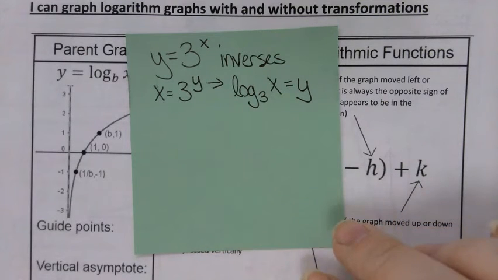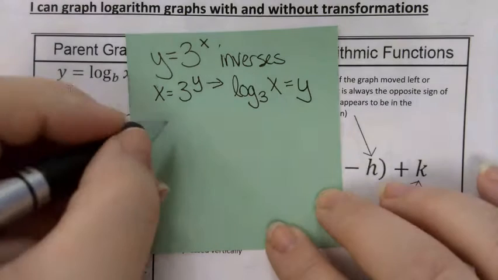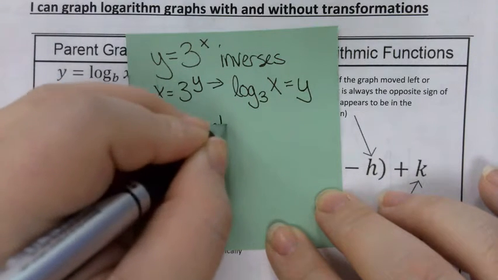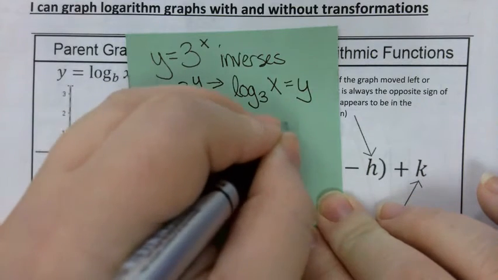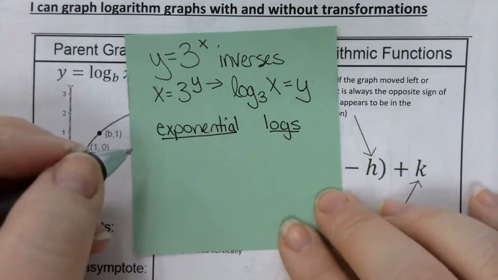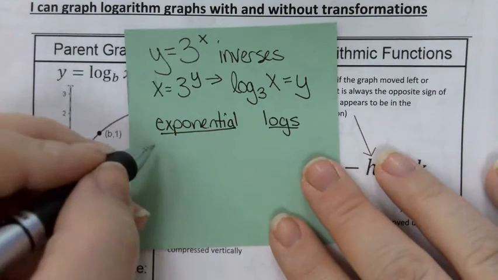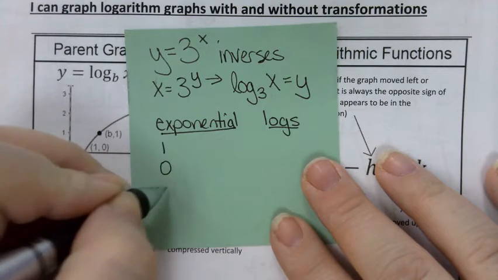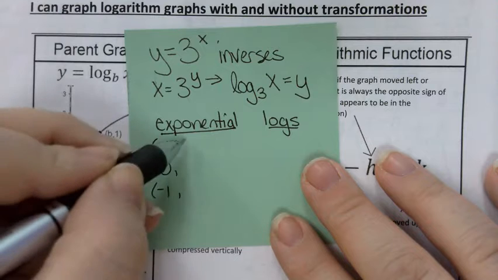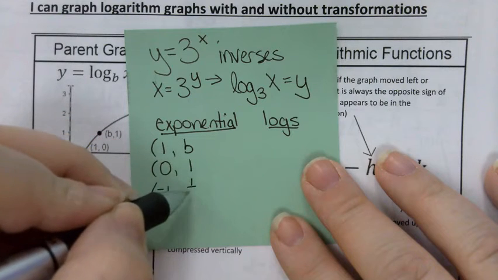So let's take a look and explore the relationship between exponential and logarithm graphs. So when we say exponential graphs, the guide points, or anchor points, of an exponential are 1, 0, and -1 for the x's. And for the y's, we have b, 1, and 1 over b.